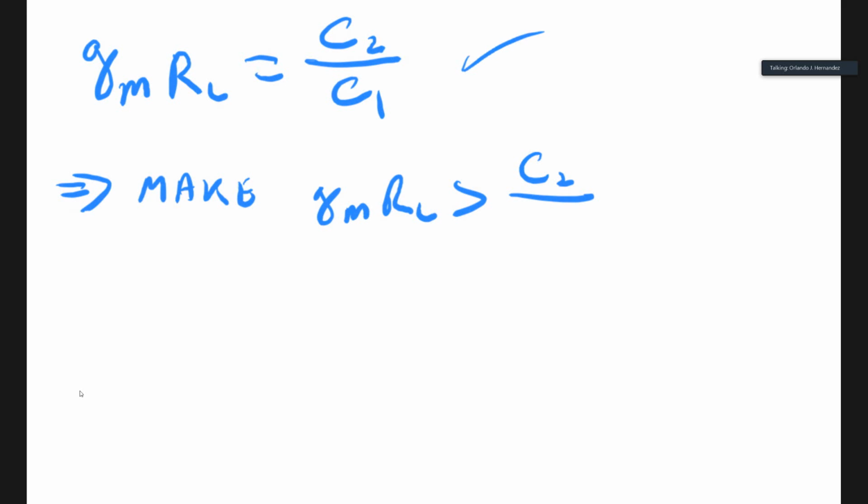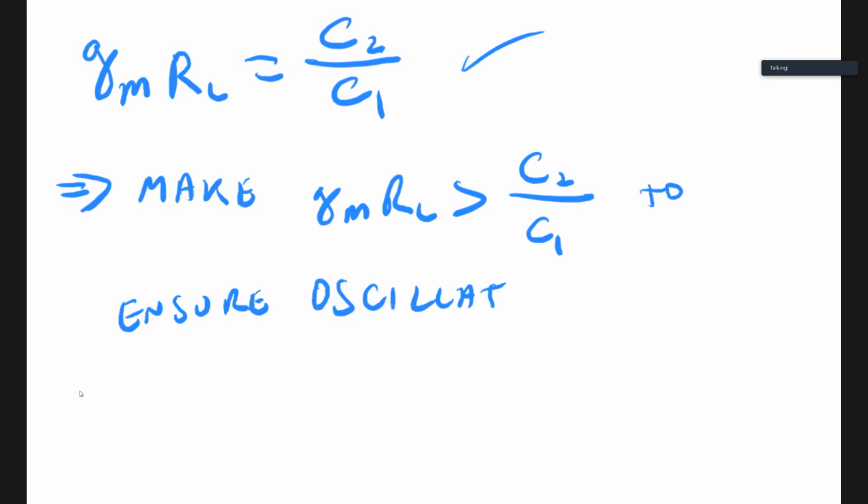So if we make GM times RL greater than that ratio, we ensure oscillation starts. And that is the solution to problem 1532.